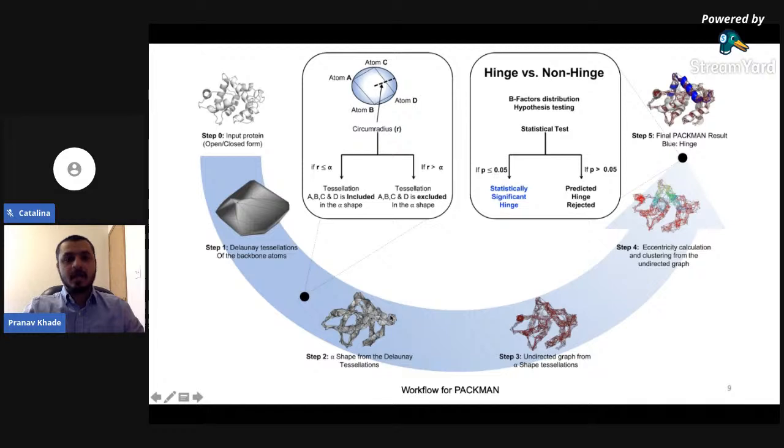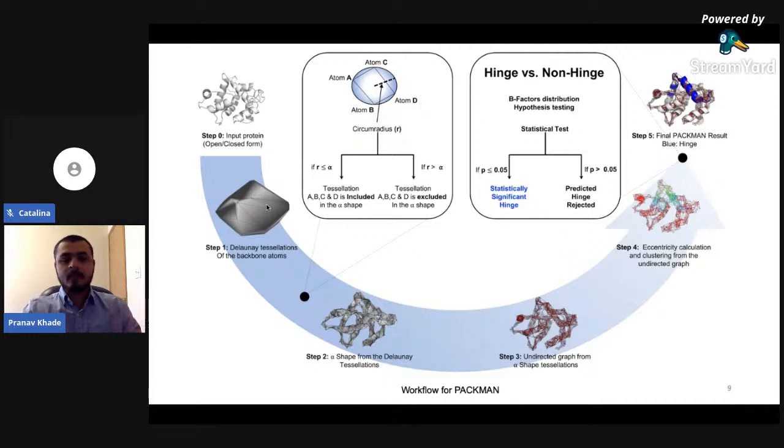Now I will explain how the algorithm works. First we start with the protein, which can be in any conformation, open or closed, and we extract the backbone atoms of the protein. Once we do that, we build the Delaunay tessellations by the process I just explained.